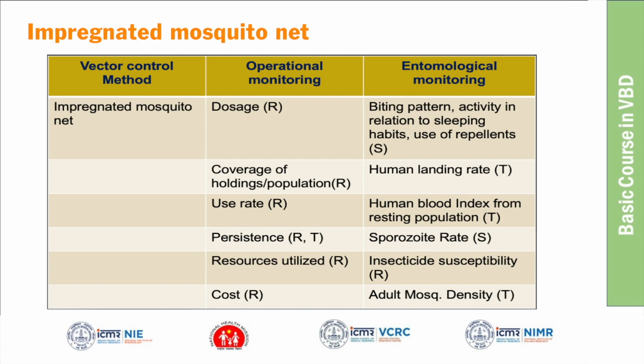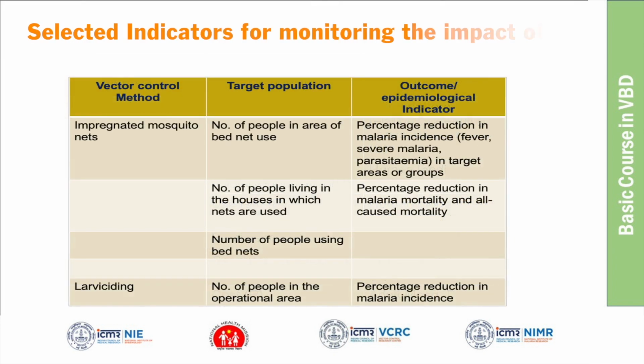So after introducing the LLIN, you have to see the activity in relation to sleeping habit, use of other repellents, then reduction in man landing rate, human blood index from resting population, sporozoite rate, insecticide susceptibility rate, adult mosquito density. So you have seen the entomological or impact indicators.